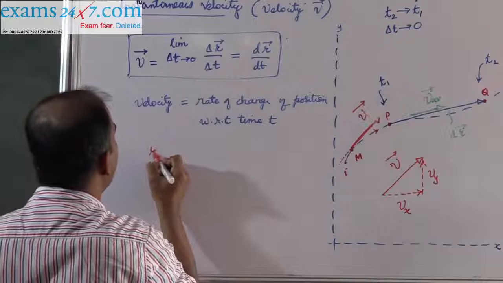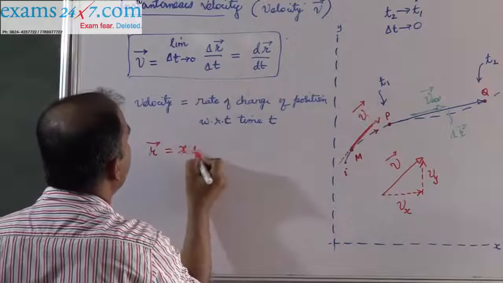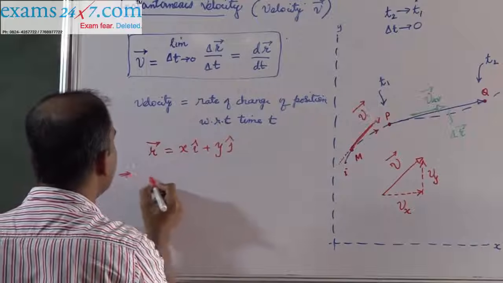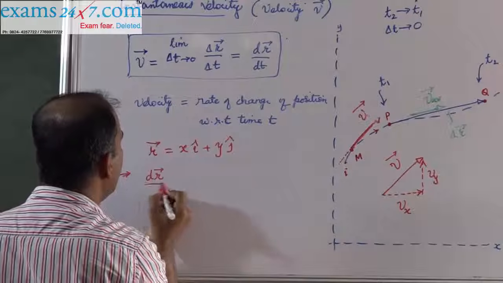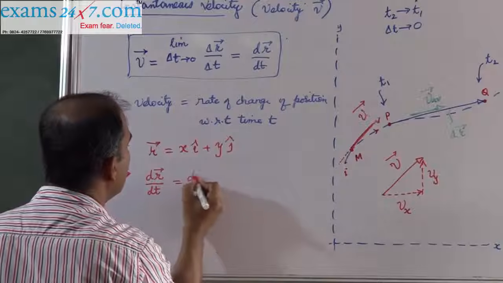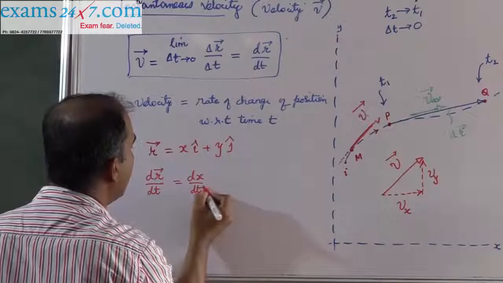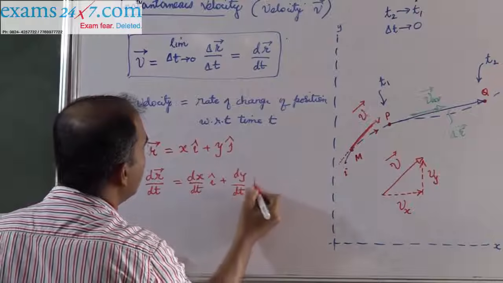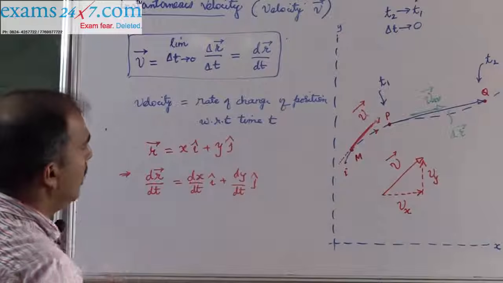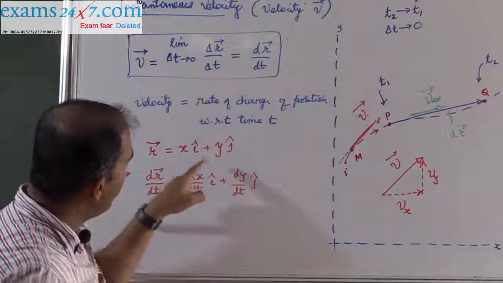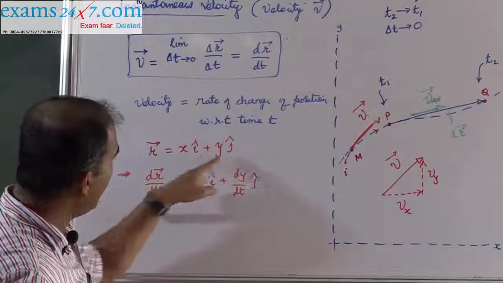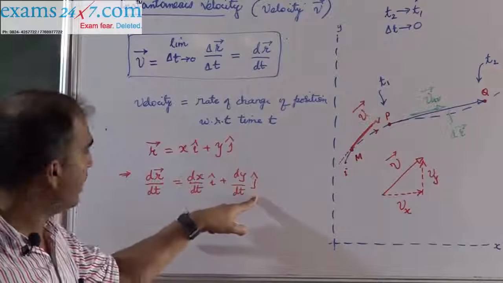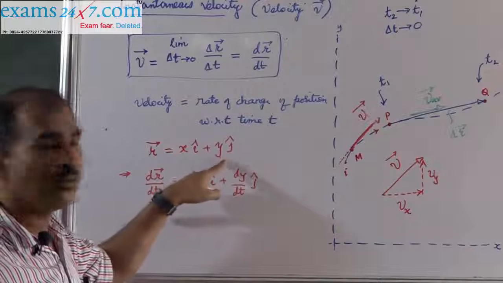We already know vector r is x i cap plus y j cap. Differentiate both sides with respect to time. dr by dt equals dx by dt into i cap plus dy by dt into j cap. You can notice that i cap and j cap are constant, so they can't be differentiated and have been kept outside. Only x and y are changing.